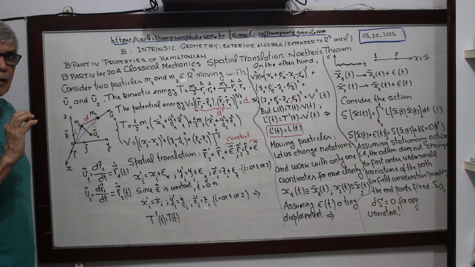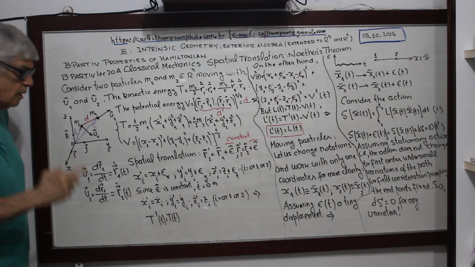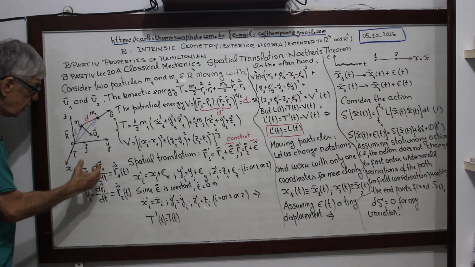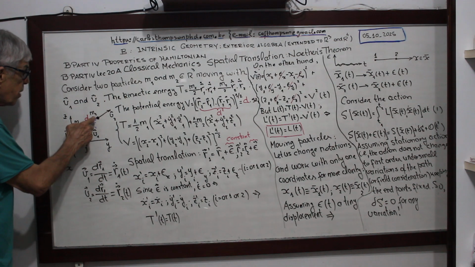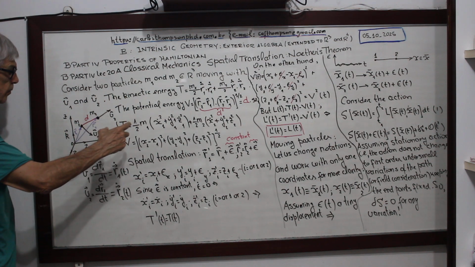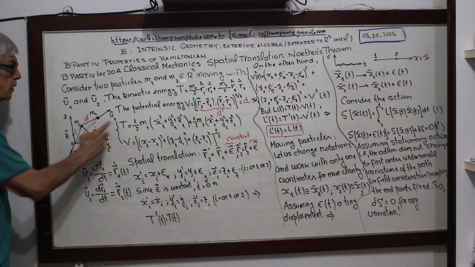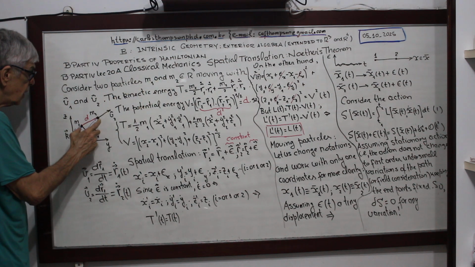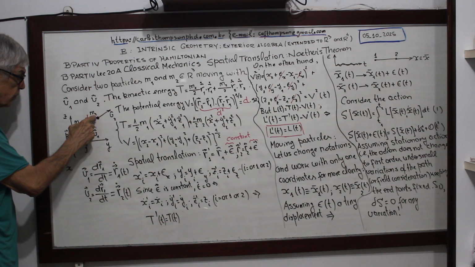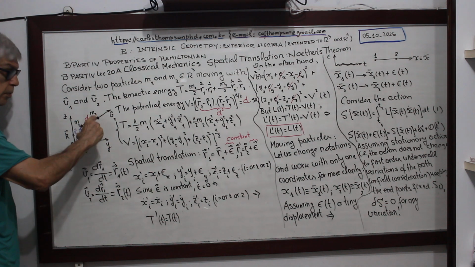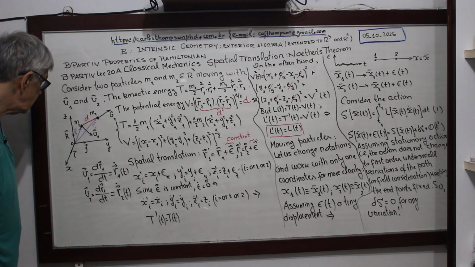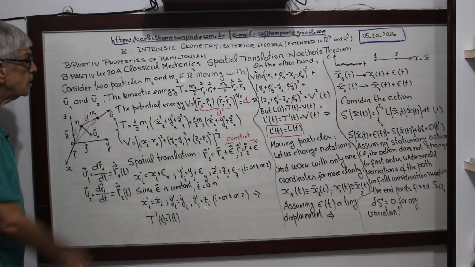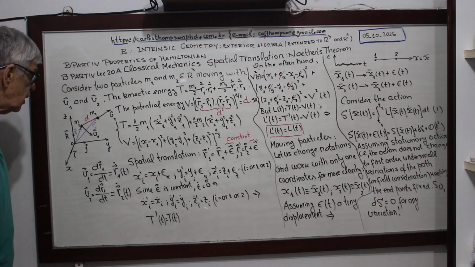Here the time is not explicit, but it is contained in the position vector, because the particle moves. But spatial translation means that the distance doesn't change as the particle moves. That's the definition of spatial translation.